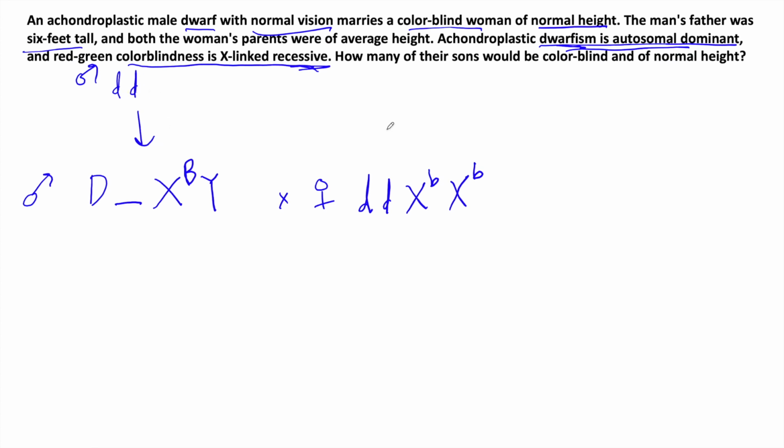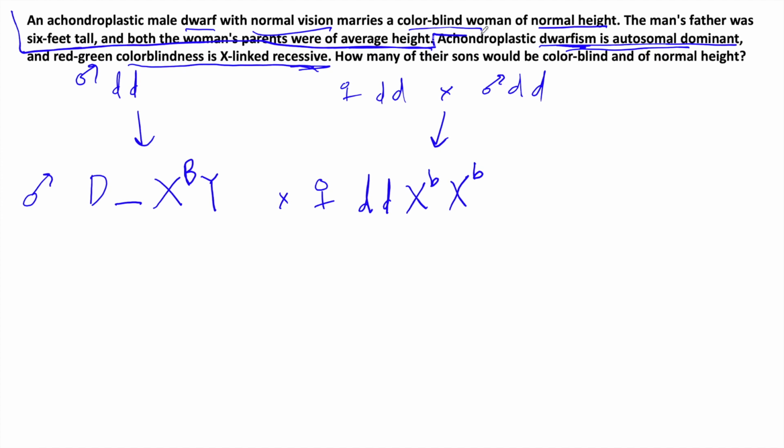And then it says both of the woman's parents, so the woman's mother and the woman's father, were of average height. So they did not have that form of dwarfism, so they have 2 little d's, both of them.